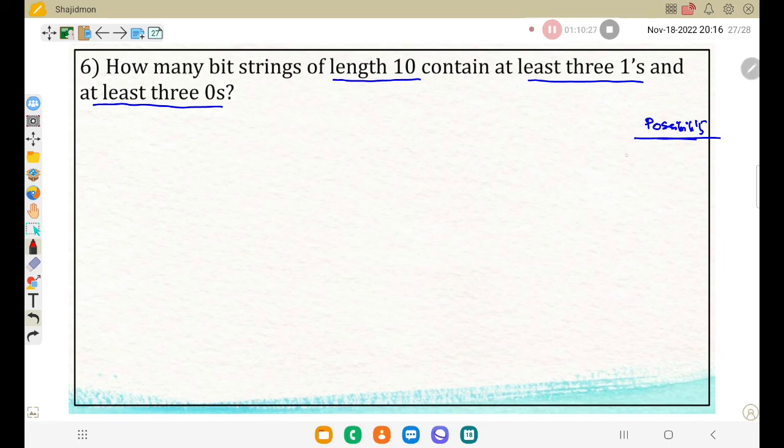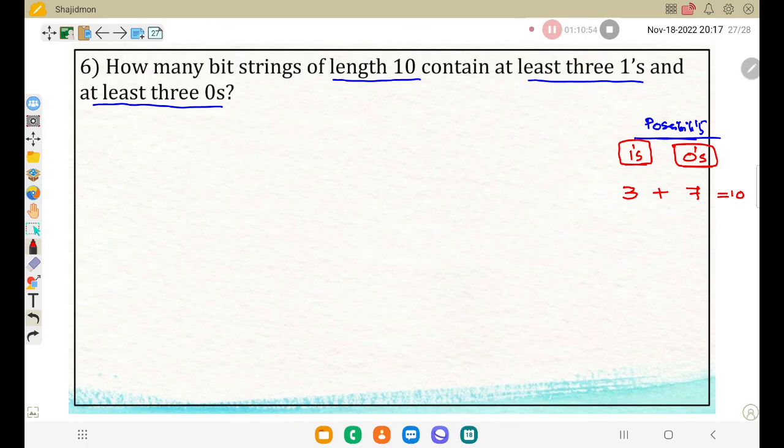Minimum 3 ones means 3 ones and 7 zeros, because 10 is the length, totally we need to get 10, correct. 3 plus 7 equals 10, this combination is okay.